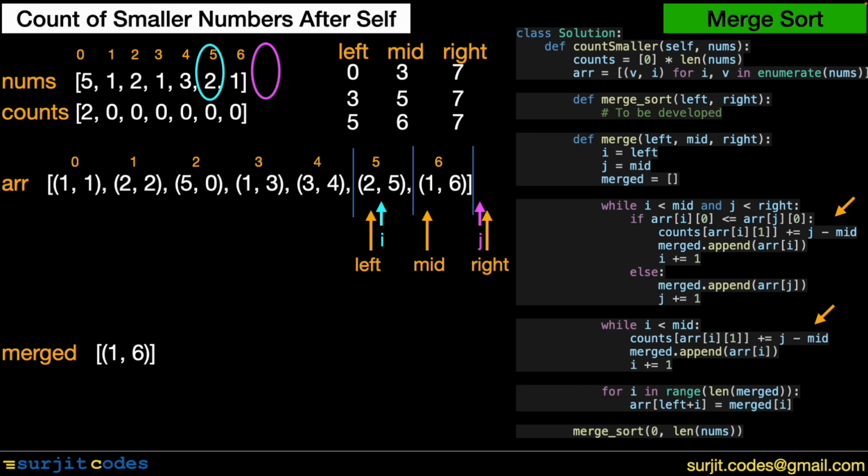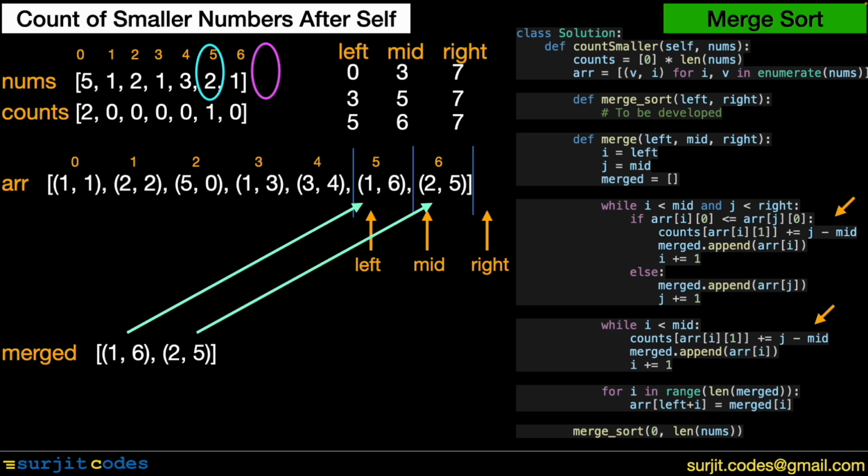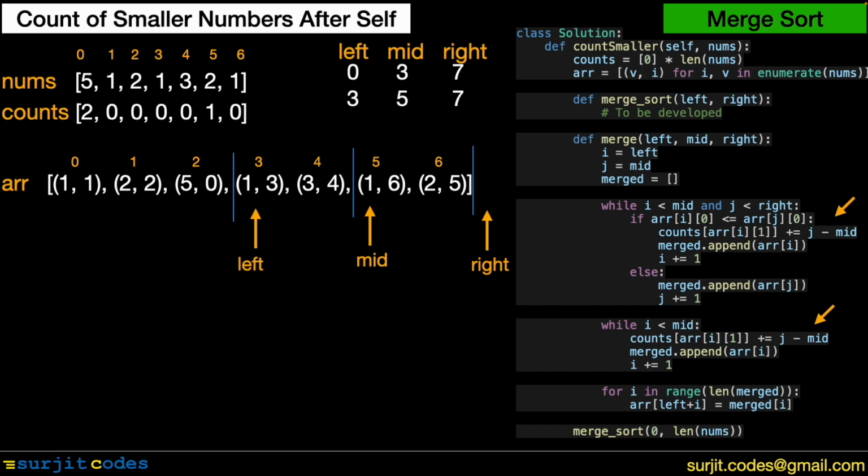One element of right partition is already present in merged because j minus mid is 1. We raise count of 2 at position 5 of nums by 1 and append 2 to merged. Now we restore merged at positions left onwards. We have sorted both partitions of previous call.